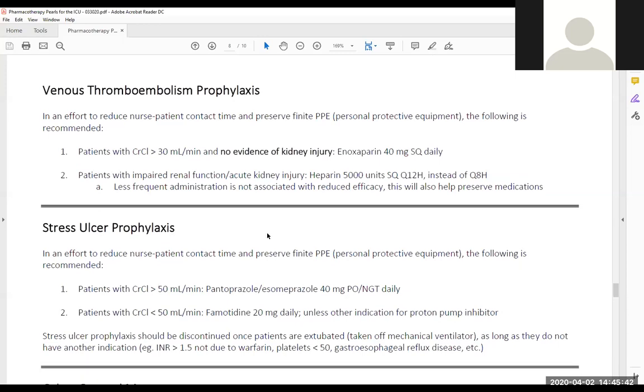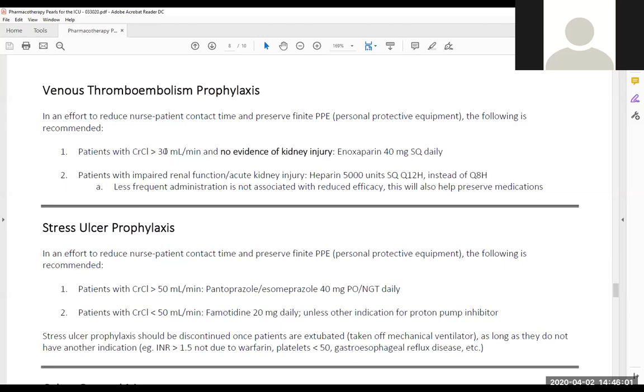What we've also been seeing with more and more data coming out with COVID specifically is these patients tend to be a little more procoagulant than what we're used to seeing in our inflammatory shock patients. So making sure adequate venothromboembolism prophylaxis is on board is very crucial for these patients.